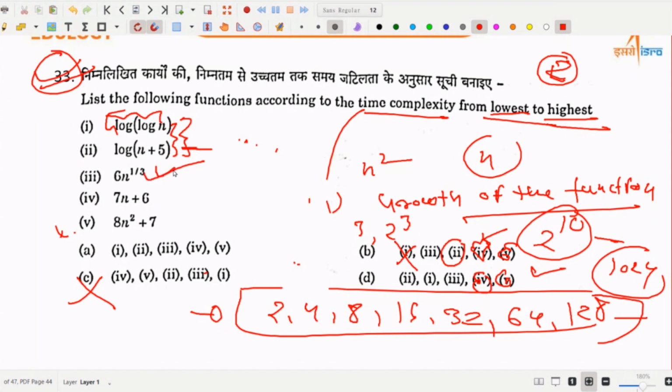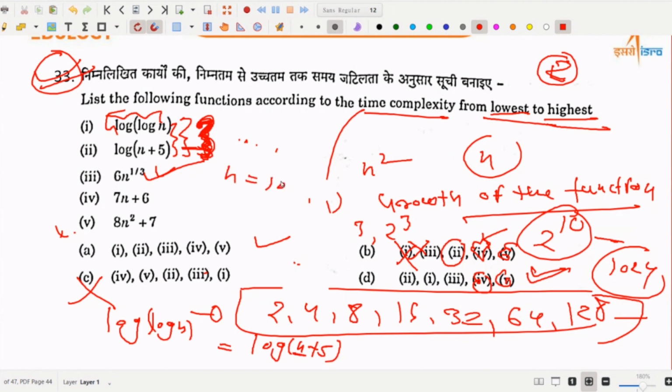So now we are left with option A or option D. We need to compare these two functions. To check which is greater, just put the value of n as large as possible.